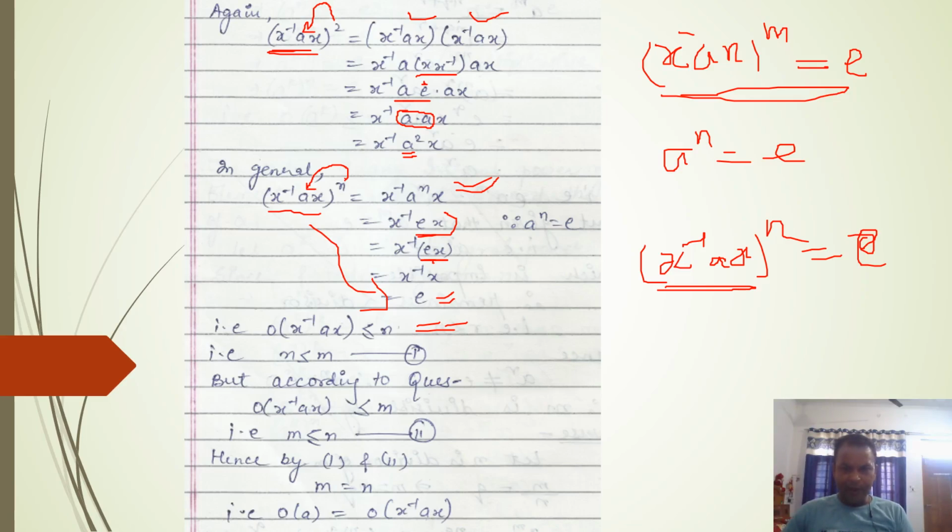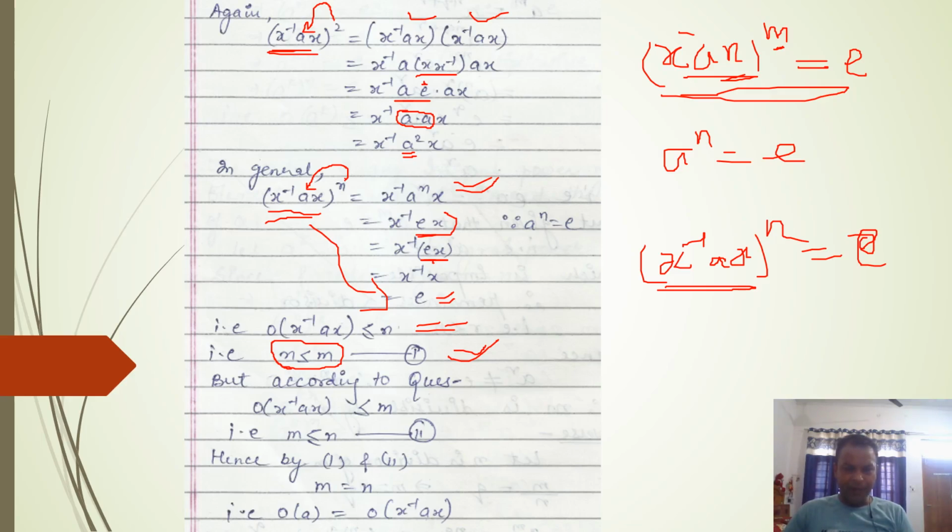So here we have already considered that m gives the identity, and here n gives the identity. So obviously n will be less than or equal to m. This is as per our assumption, because the order is the least power for an element which gives the identity, so other powers will be greater than this order.